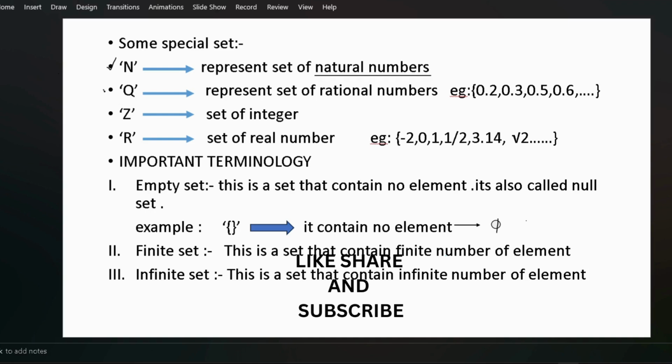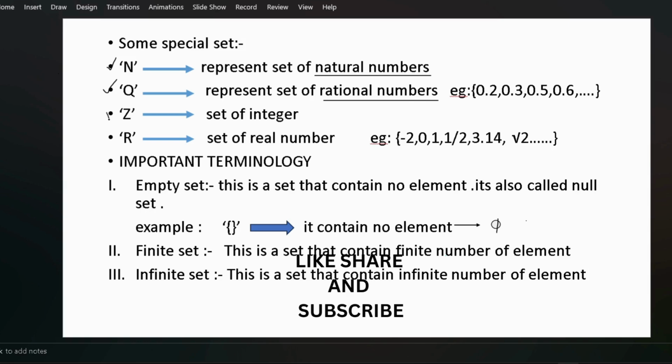What does Q represent? Q represents the set of rational numbers. What does rational numbers mean? Decimal numbers, like 0.2, 0.3, 0.5, 0.6, and so on, 1.2, 1.3, 1.5, 1.6, and so on. Clear? Okay.